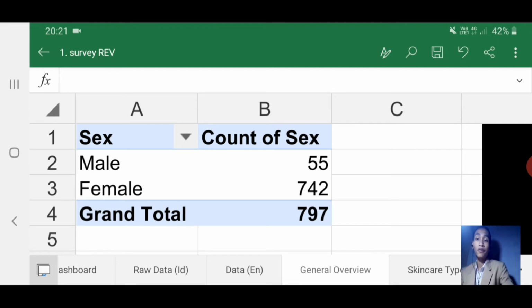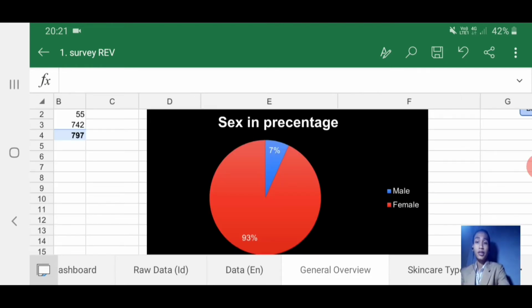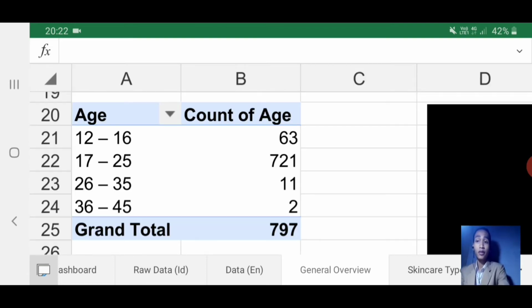So there are 55 male and 742 female. This is the percentage we can collect based on the data on the left. There is 93% female and 7% male. Okay, let's move on. This is the count of age.